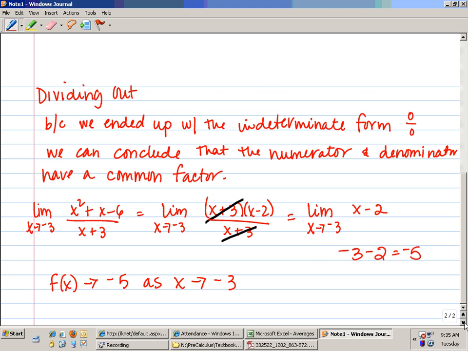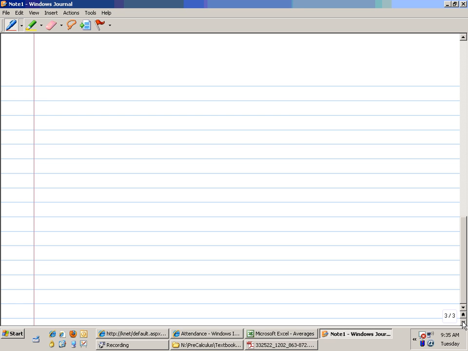Now our second way is rationalizing. So again, let's say that we have to find the limit as x approaches 0 of square root of x plus 1 minus 1 over x.